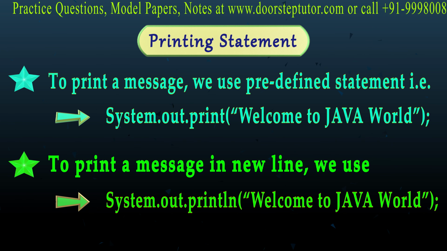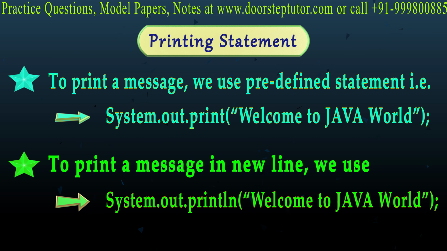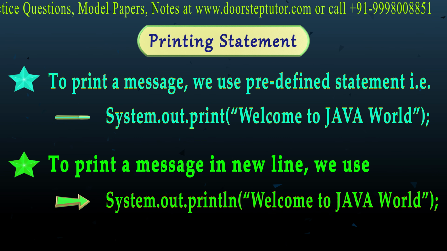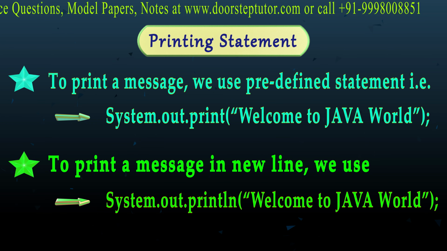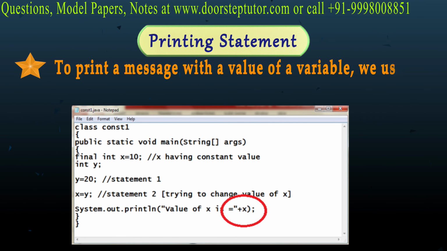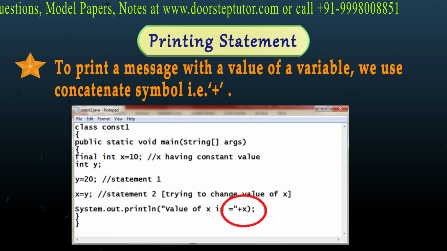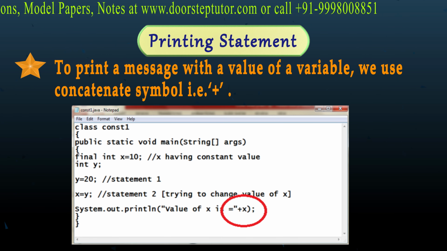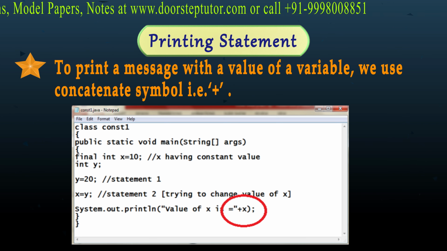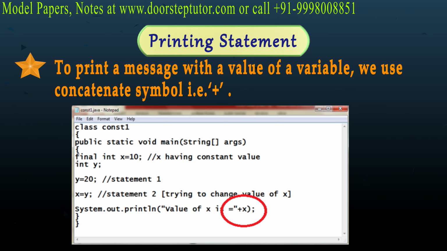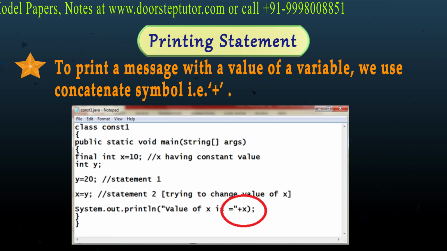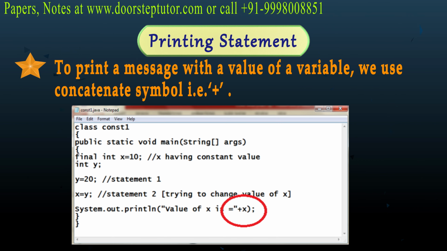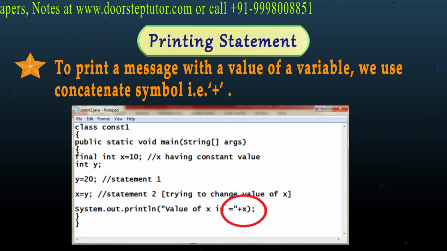So the next line will be printed in the next line, not in the same continuous line. Like in the example in the snapshot over here, in the last line we can check system.out.println. So we are having the value of x in the next line. In the first line it will represent the value of x is, then the x value.